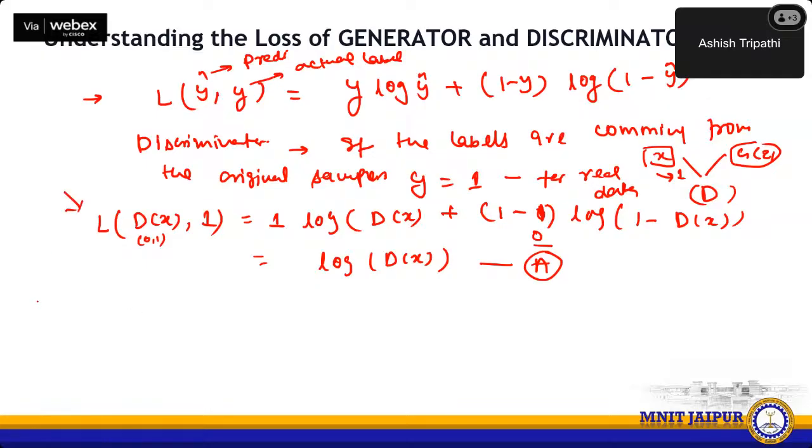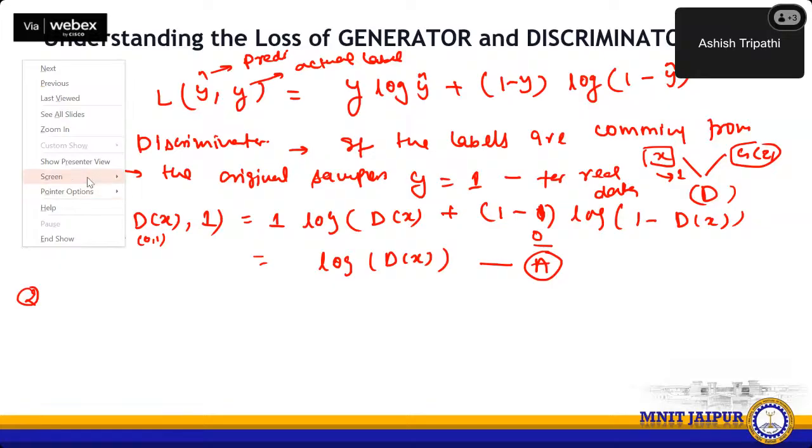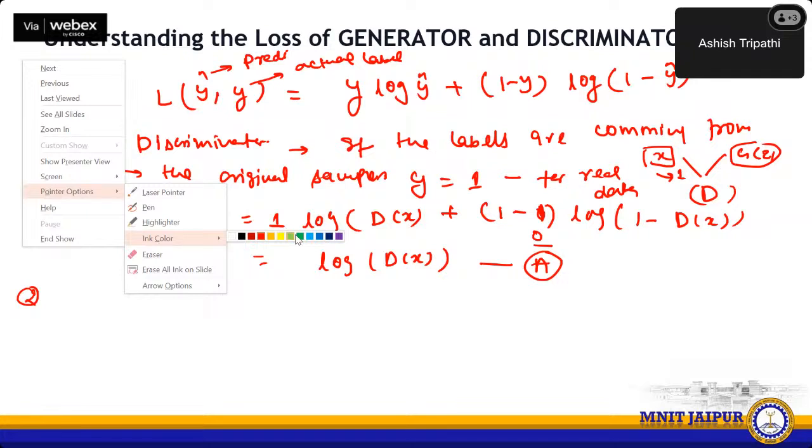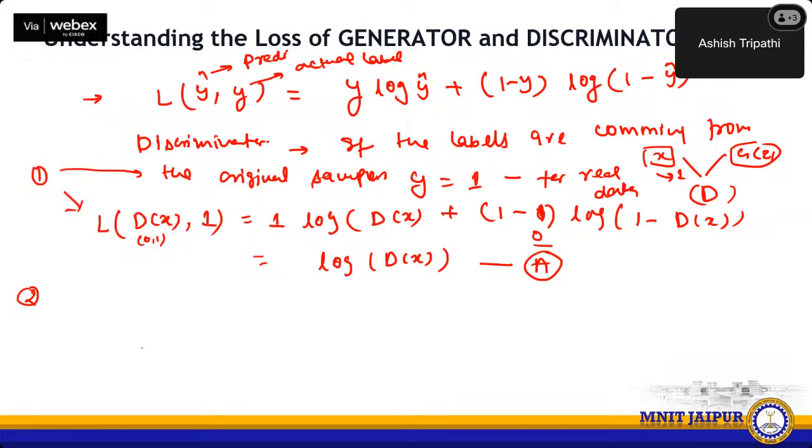Again, the first point is the data which is coming from the original samples. And second, for the data coming from the generator.